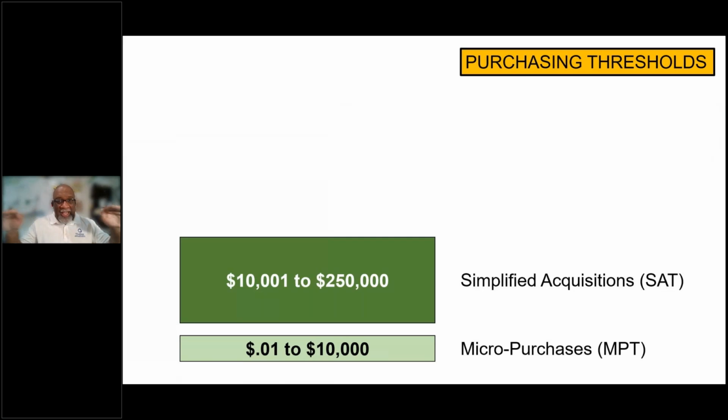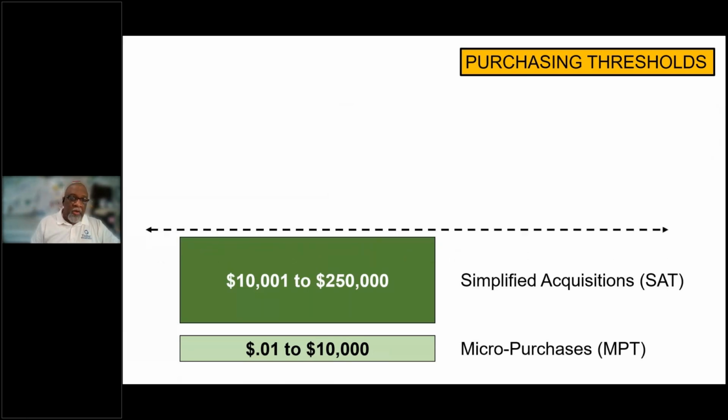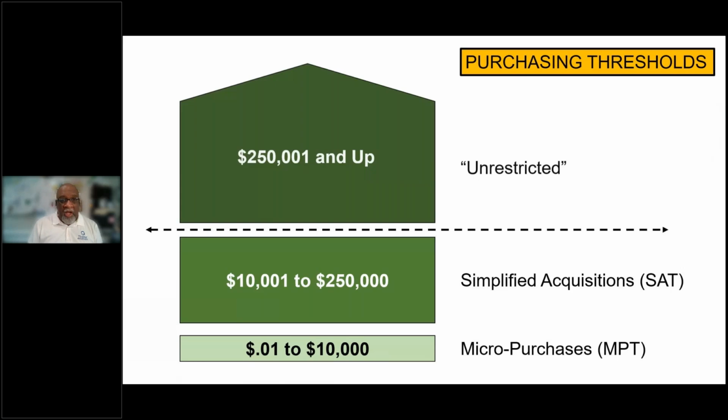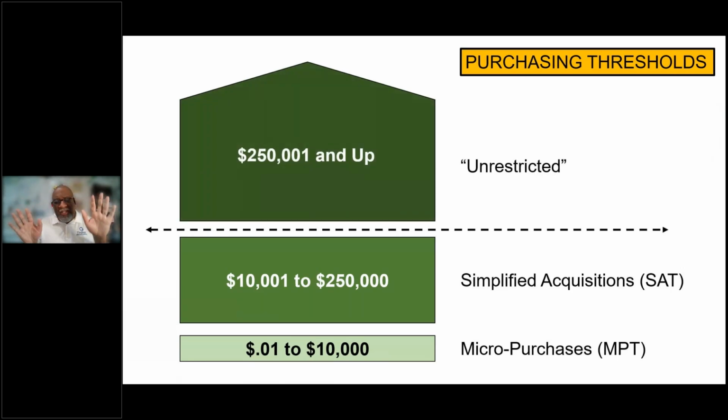And that really is the line where the activity is hyper focused on government contracting to small businesses. After that, it becomes somewhat unrestricted. There's a few nuances here and there, but generally it becomes unrestricted.